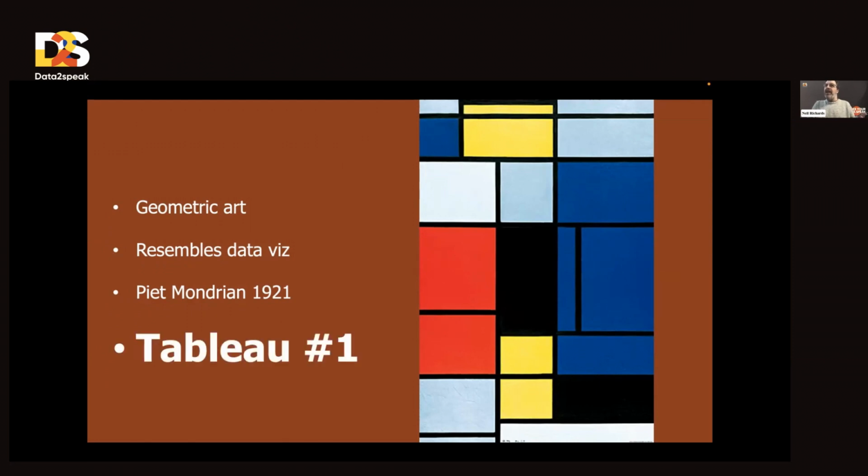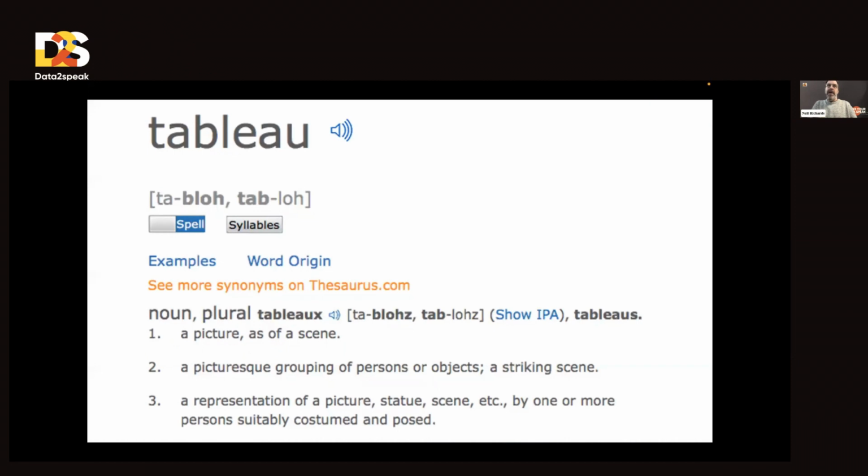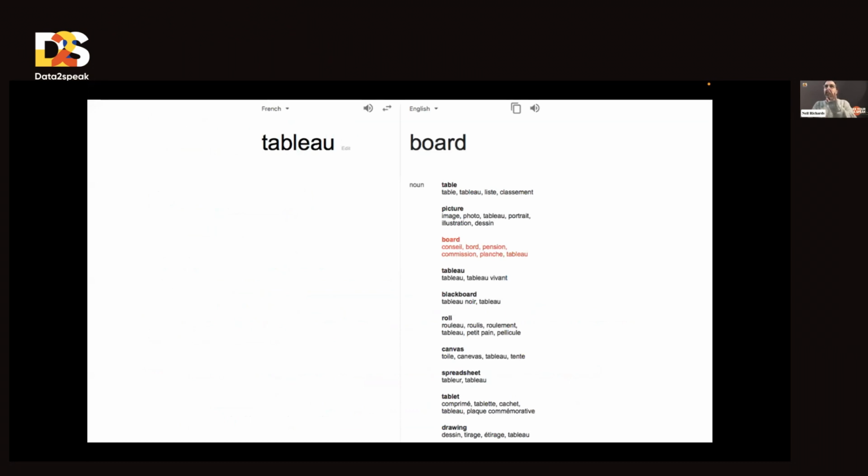And what I love is it's actually called Tableau #1. A bit of a coincidence, if you like, but it's validation for some of the things that I love to do. If you define Tableau in English, it's like a picture or a scene. And if you look at it in French, because it is a French word, you can see it has a lot more meanings.